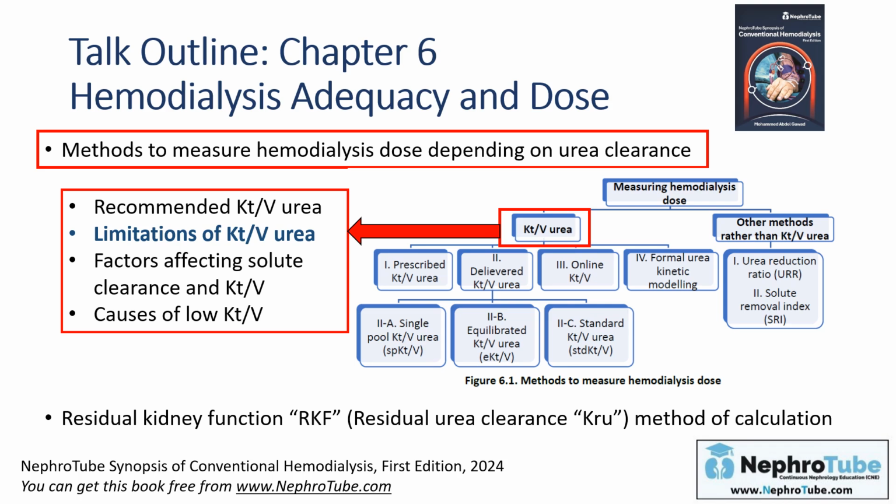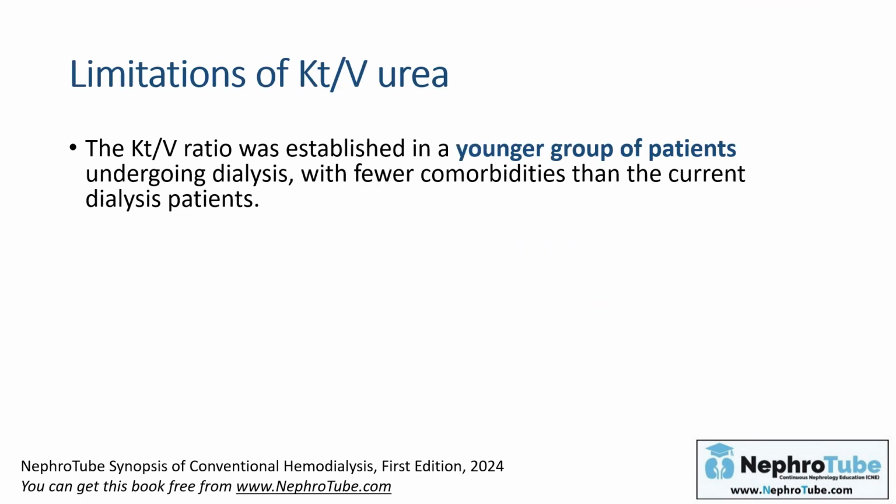We mentioned from the start that although Kt over V urea is the most widely used method to calculate the hemodialysis dose, it has a lot of limitations. The first, that Kt over V ratio was established in an era where the most common dialysis patients were of younger age, with fewer comorbidities and diseases.